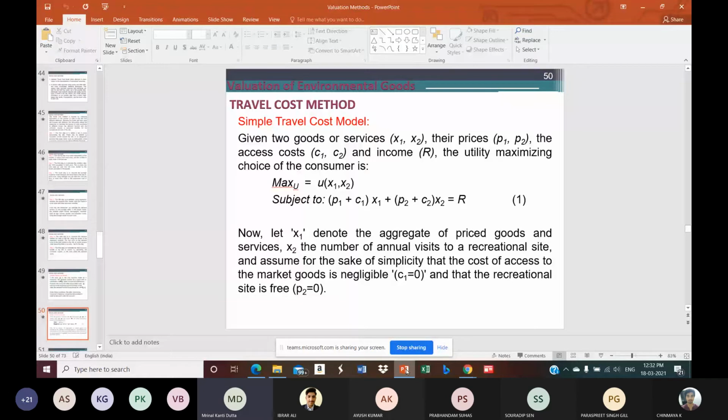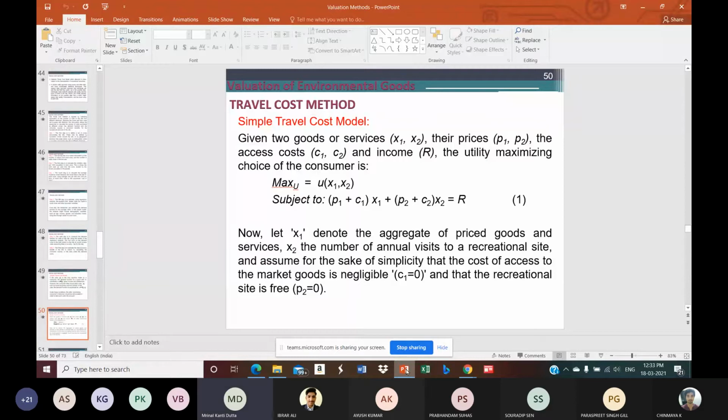Here, if we consider U to be the utility function, which comprises these two goods and services, then obviously as a rational consumer, the objective will be to maximize his satisfaction or utility out of consumption of these two goods and services.